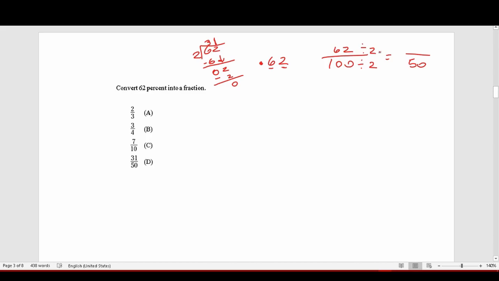So we know 62 divided by 2 is 31. 31 is a prime number, so we can't reduce this any further. So we know that the answer to this is 31 over 50. Again, 0.62, tens, hundreds, put it over the 100, and then simplify.